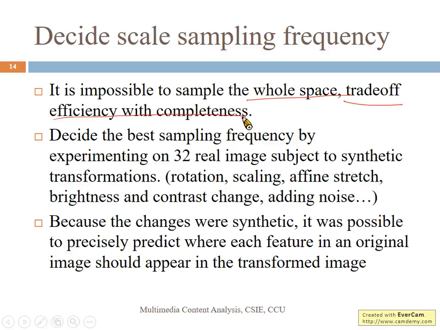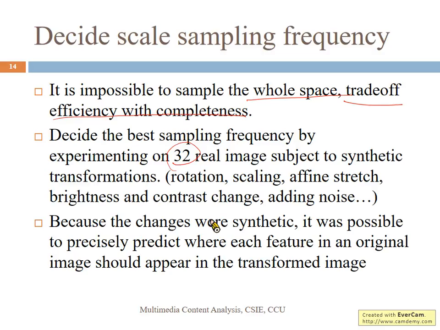In this paper, they decide the best sampling frequency by experimenting on 32 real images subject to synthetic transformations like rotation, scaling, affine stretch, brightness and contrast change, and adding noise. So they collect 32 images and do synthetic transformation.